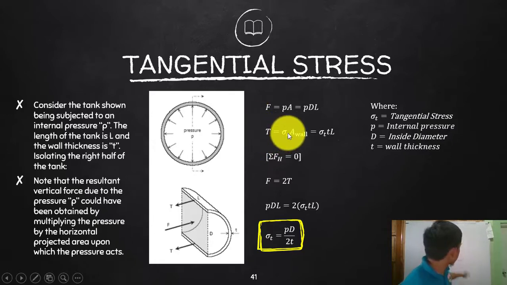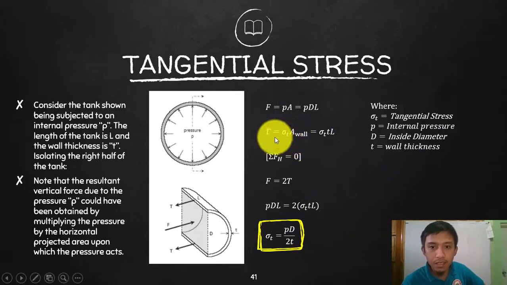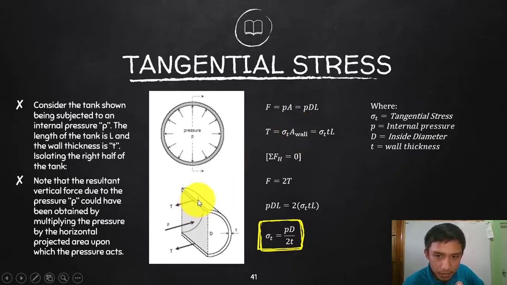Okay, you can start again: sigma is equal to P over A. Cross multiply and you end up with A there, and then T, the force here, is sigma T times the area of the wall. What is the area of one of the cuts here? The length times the thickness.